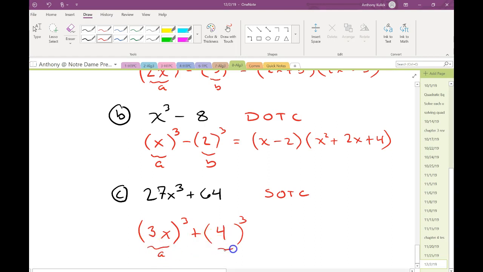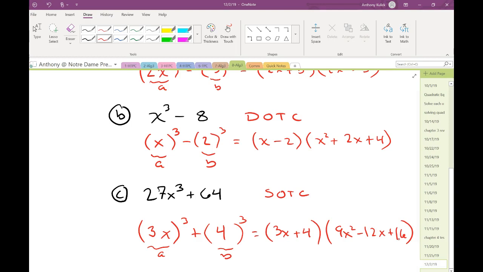So this is my A, and this is my B. So I have A plus B times A squared minus A times B plus B squared. Everybody so far so good? Okay.